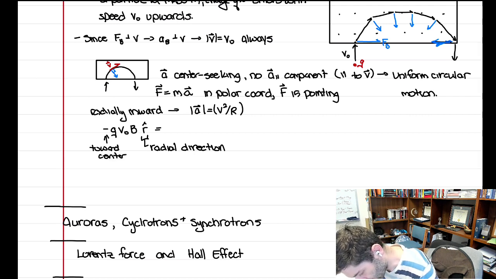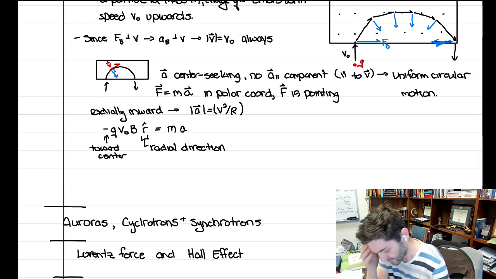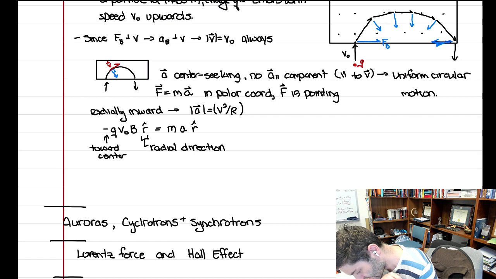And then that equals, of course, the mass times the acceleration in the radial direction, which we write as negative v squared over r in the radial direction.